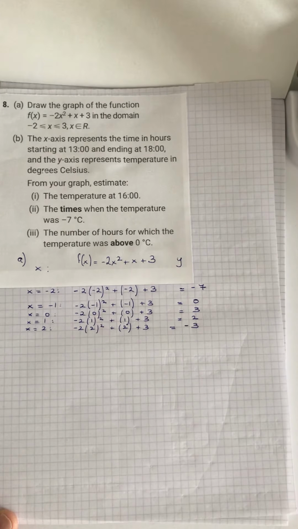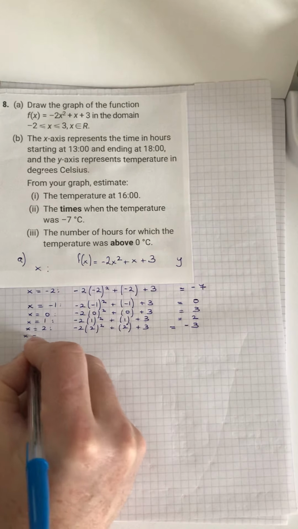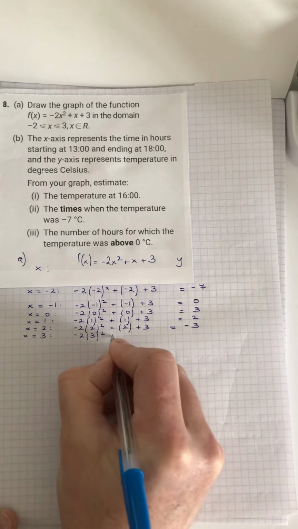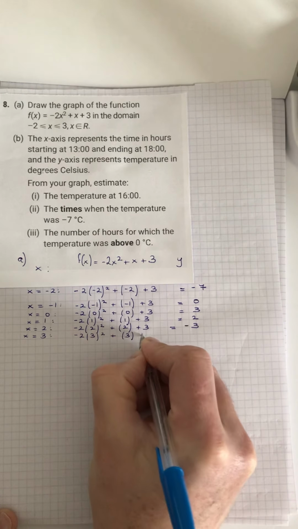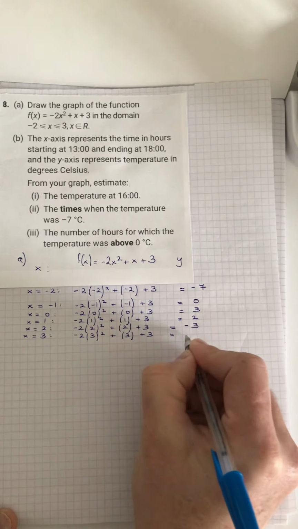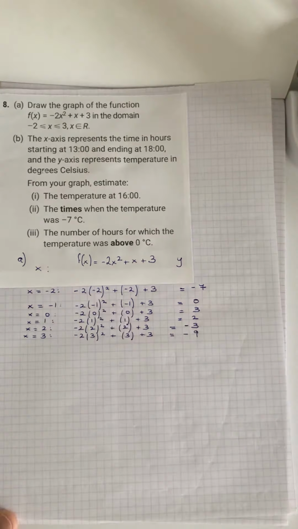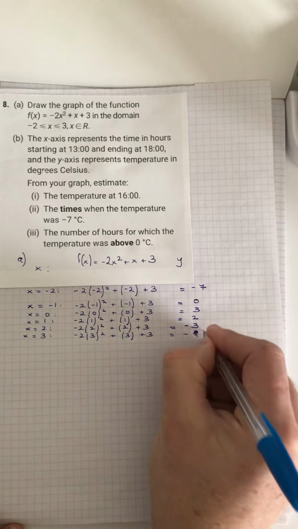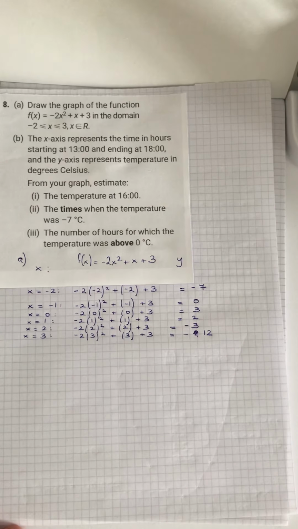-3. And when x is 3, -2 times 3 squared plus 3 again plus 3 is equal to -9. -12, sorry. Okay.